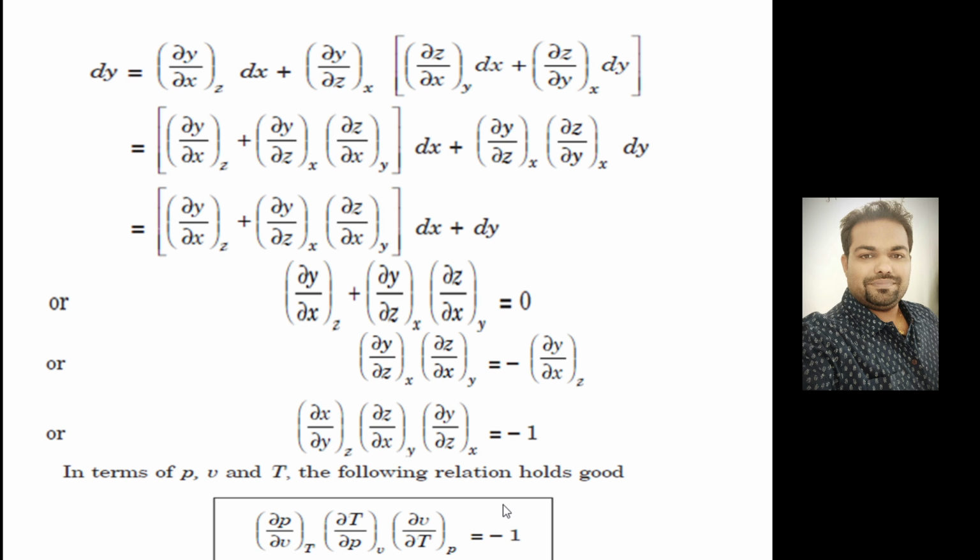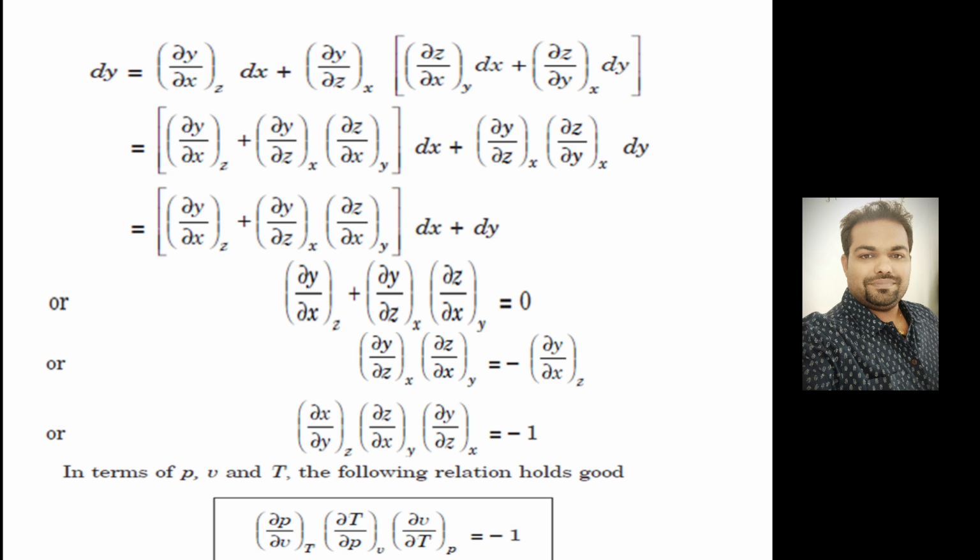So look at each and every term present in this. So x is represented by pressure.